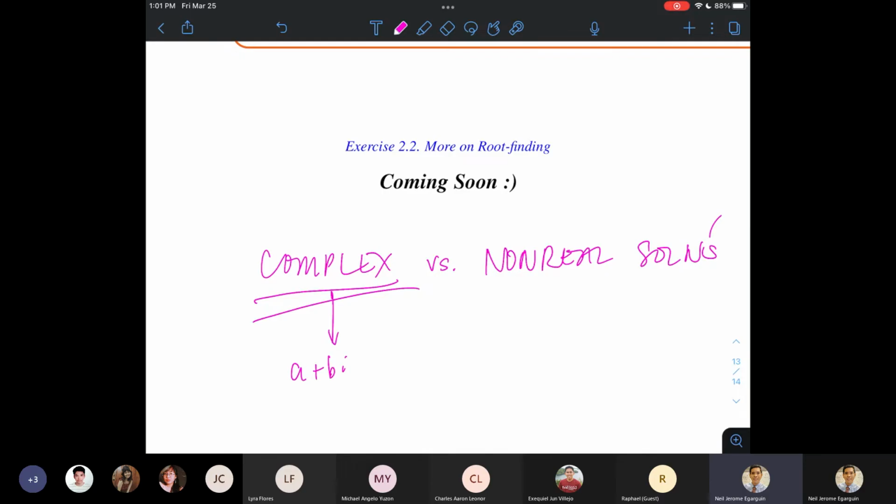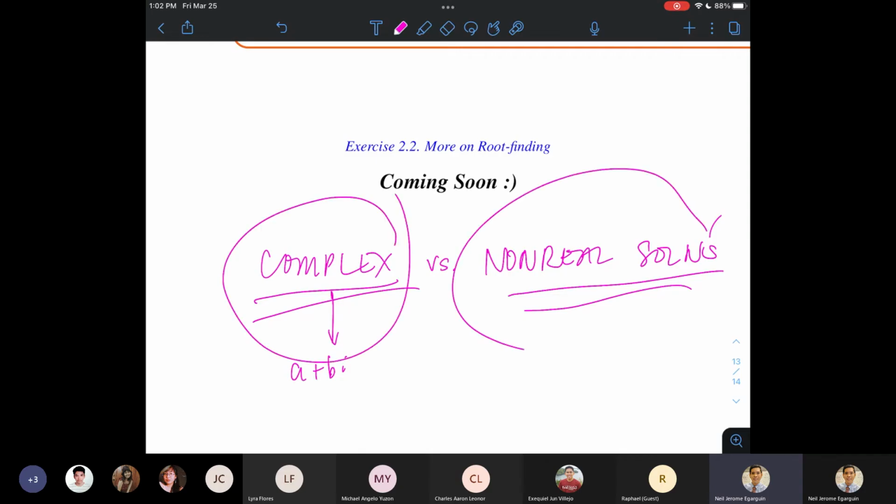That's probably why I deducted points from others who said, in number 2 I think, that all of the roots of this function are complex. Yes, that's true. But the problem is that what you really want to say is that all the roots are non-real. Maybe you said that the graph shows that all the roots are complex, which is not apparent from the graph, because you showed no intersection with the x-axis. So be careful when using the terms complex and non-real.